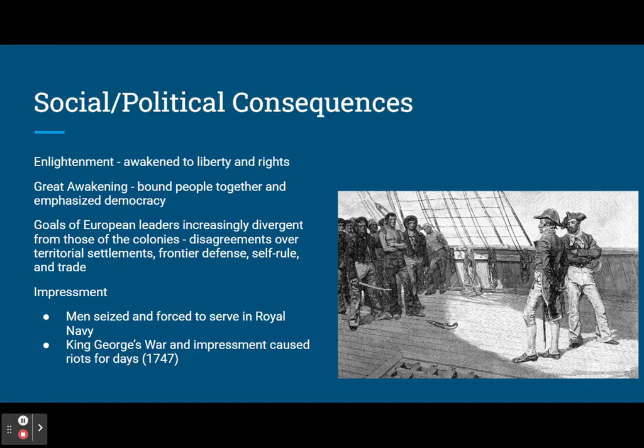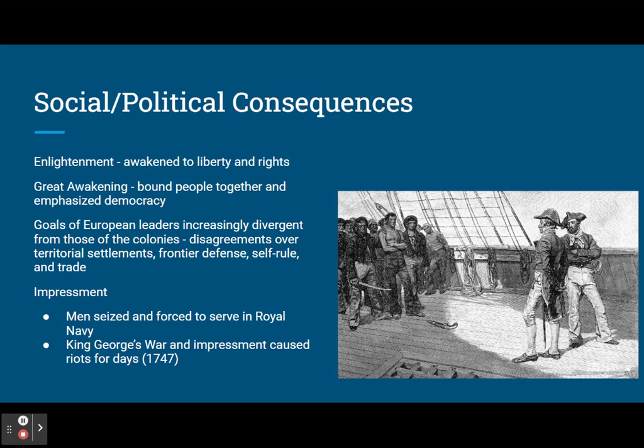And something that would definitely help to exacerbate this growing distance between the British rulers and the colonial settlers was this practice of impressment. Great Britain was embroiled in a great deal of war in the early 18th century, and had a tendency to impress men to serve in the Royal Navy.